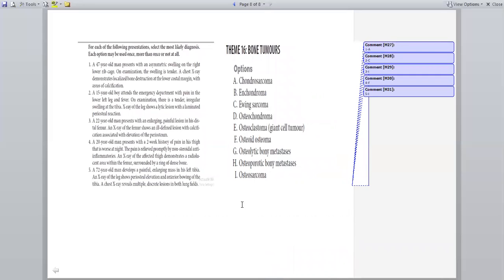Let's talk about a few scenarios according to the exam. A 47-year-old male presents with asymmetric swelling on the right lower rib cage. On examination, the swelling is tender. A chest X-ray demonstrated localized bony destruction at the lower costal margin with areas of calcification.